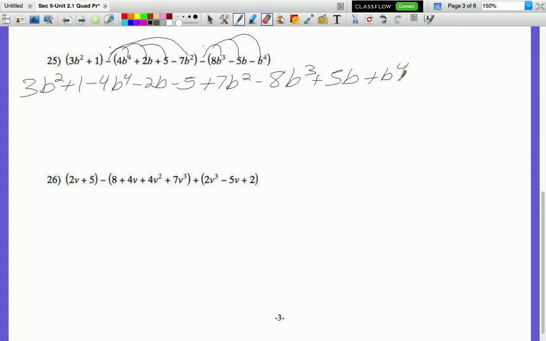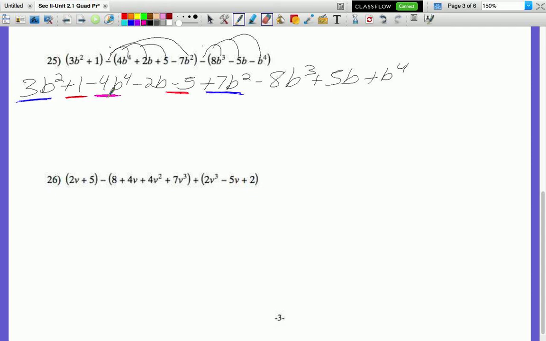Now we go through and combine all like terms. So let's start with the b squareds. I have 3b squared, and I can combine it with 7b squared. Let's talk about the constants. We have a positive 1 here. We'll combine it with this -5 right here, and that looks like it's it. Let's do b to the fourth.